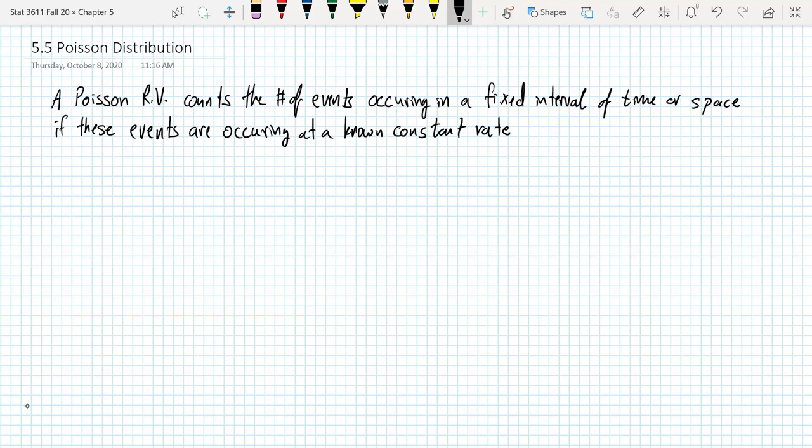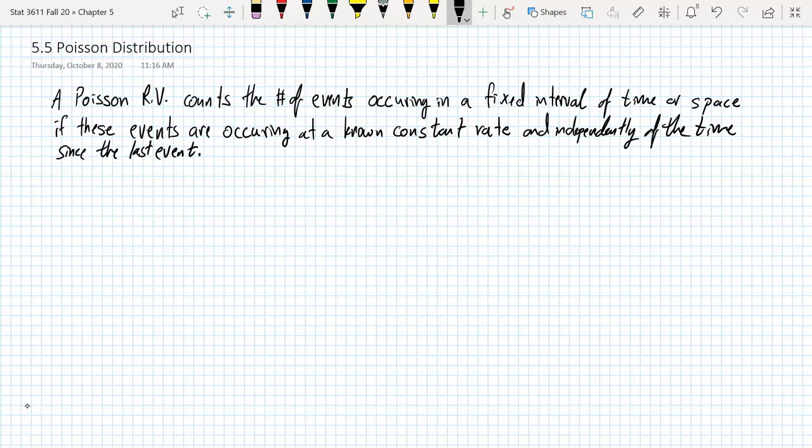Independently of the time since the last event is kind of important in terms of an actual practical application of a Poisson random variable. So independent from the time since the last event.